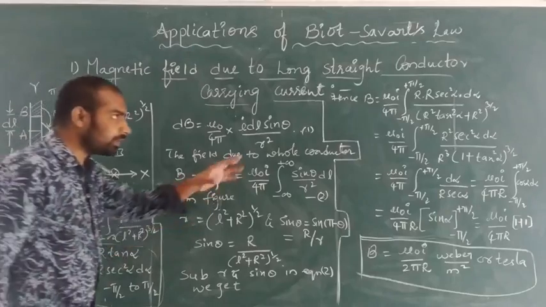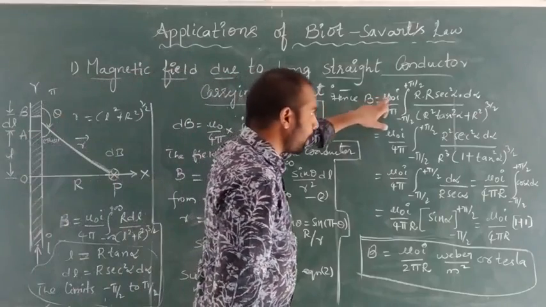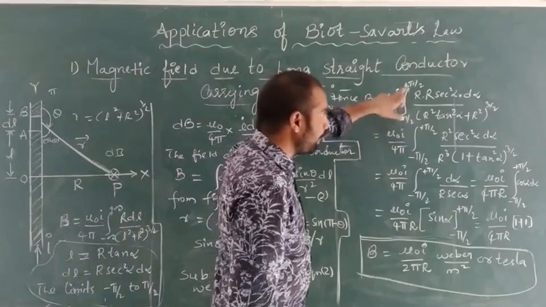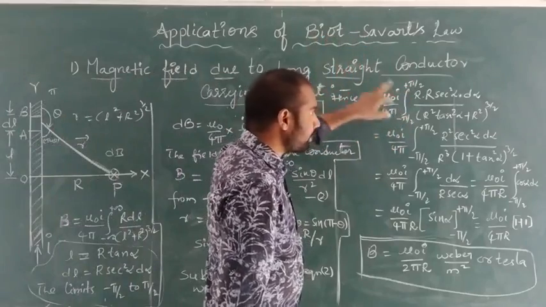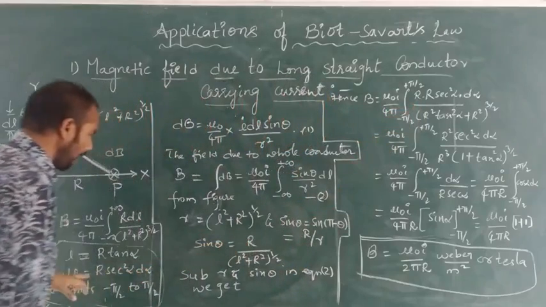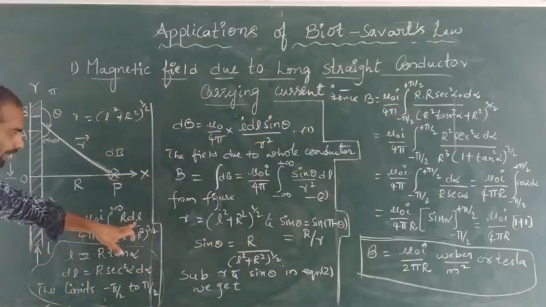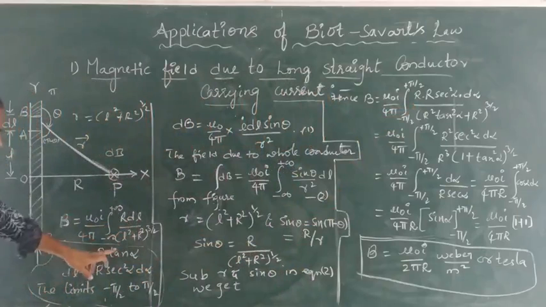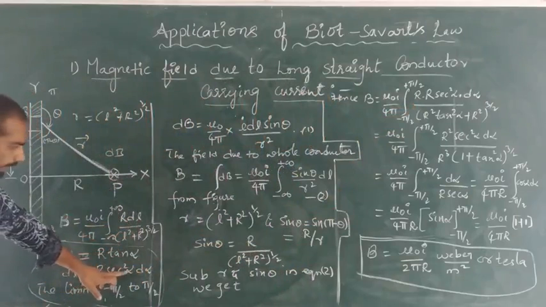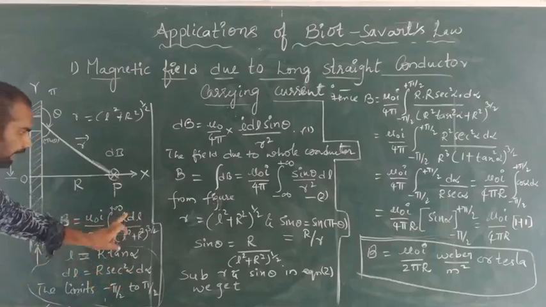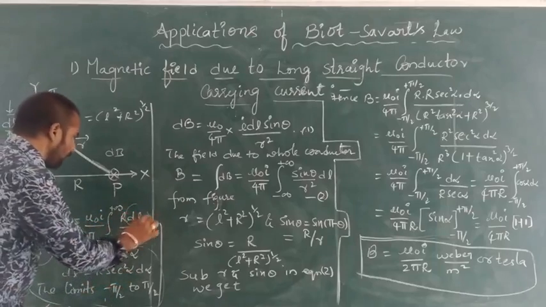Now the equation becomes B is equal to mu naught I by 4 pi, from minus pi by 2 to plus pi by 2 because the limits are changed. Here we have R, but what about dl? dl is equal to R secant square alpha d alpha, so just replace the dl value.